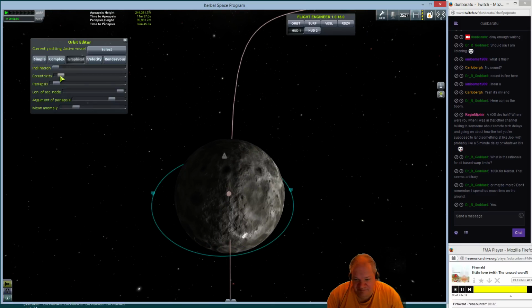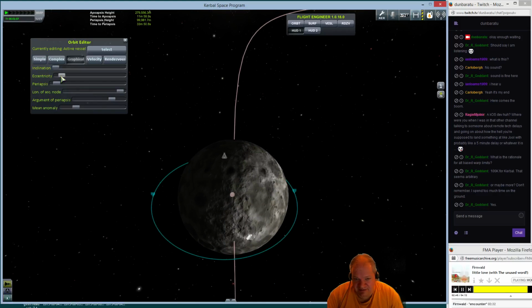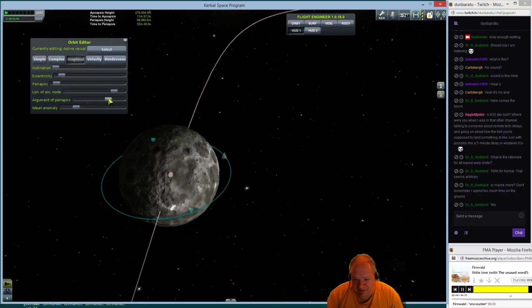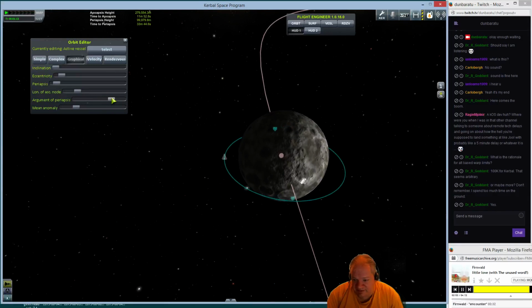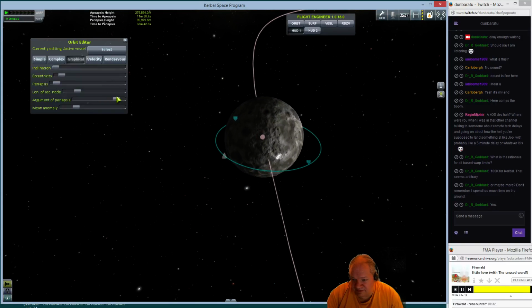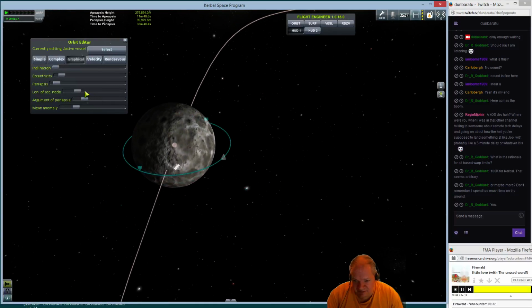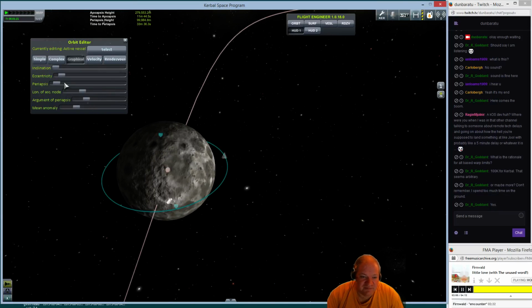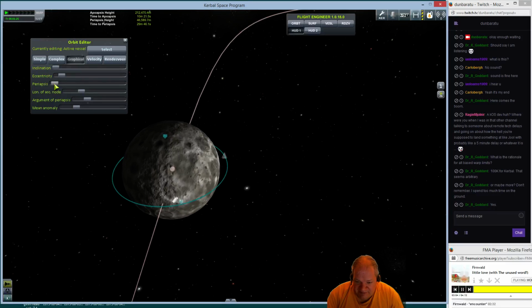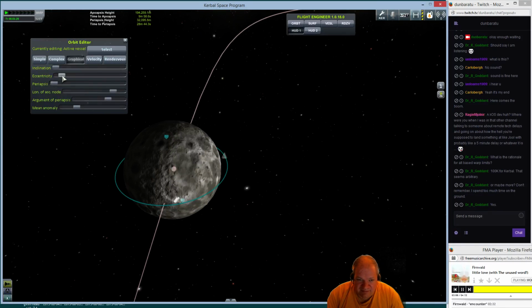Up the eccentricity a bit. Move the periapsis down there a bit. To there. And then lower the periapsis a bit. Let's make it more eccentric as I do it.